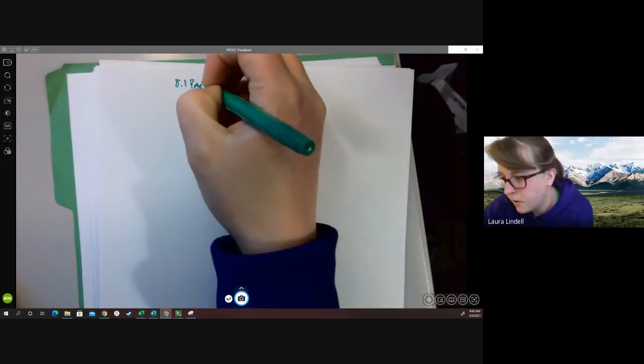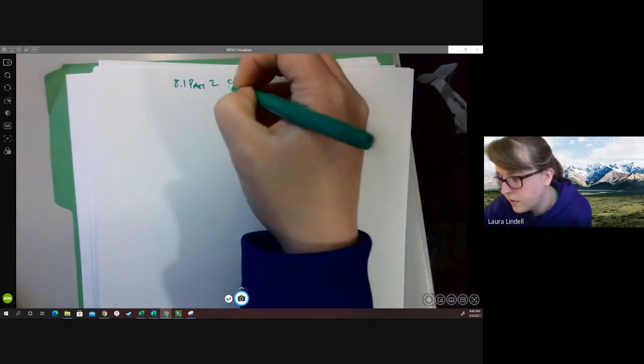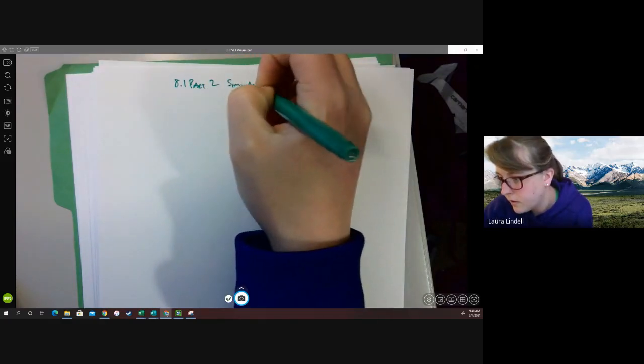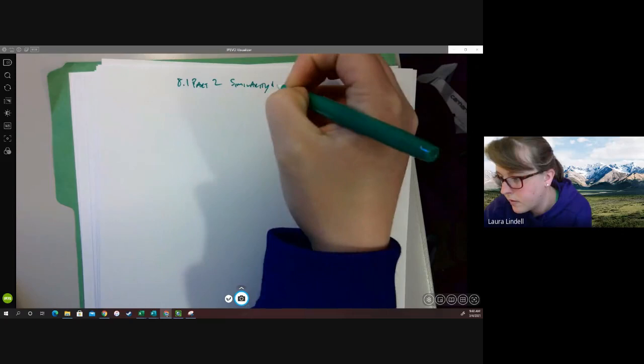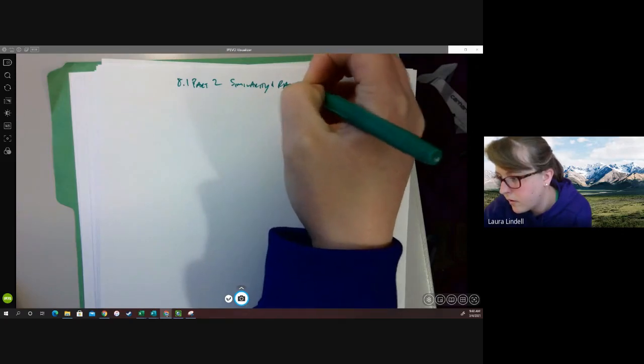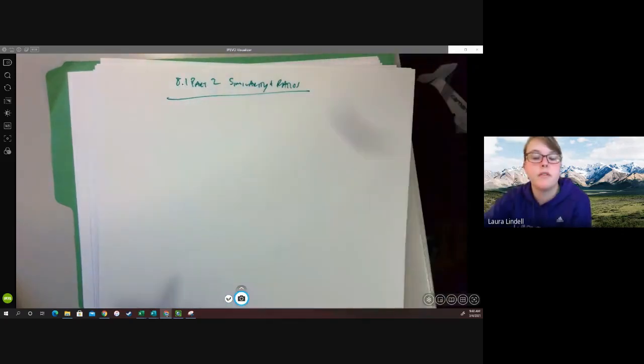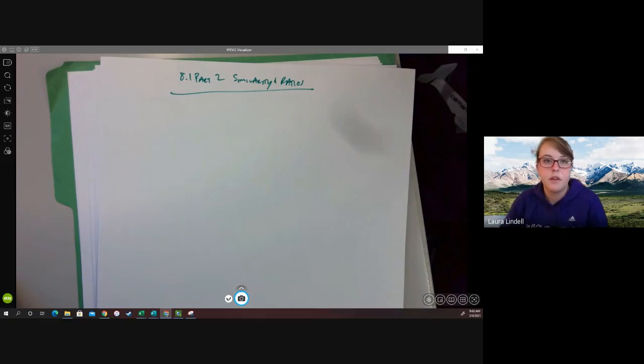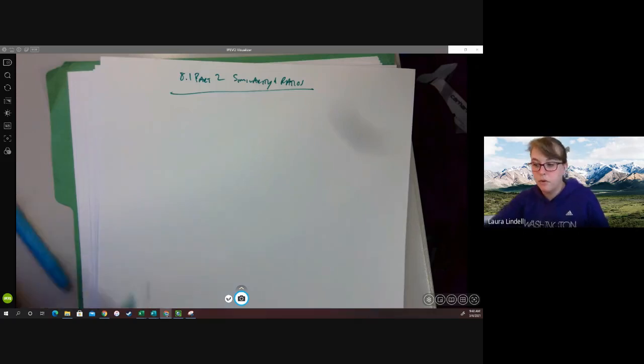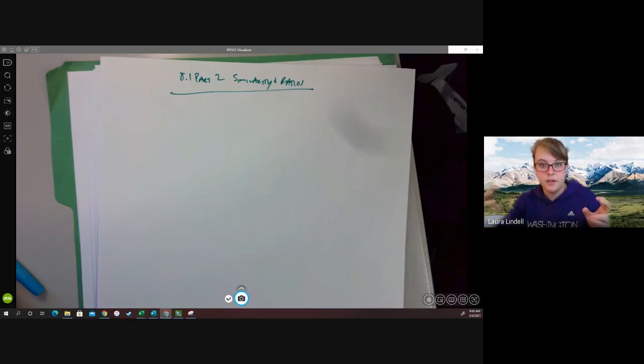8.1. This is part 2. Similarity and ratios. Okay. So, like we kind of talked about before, we can use similarity to find something called that similarity ratio, right?